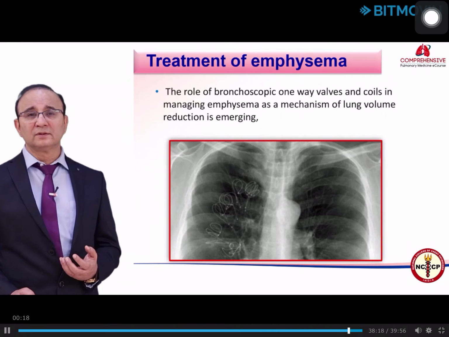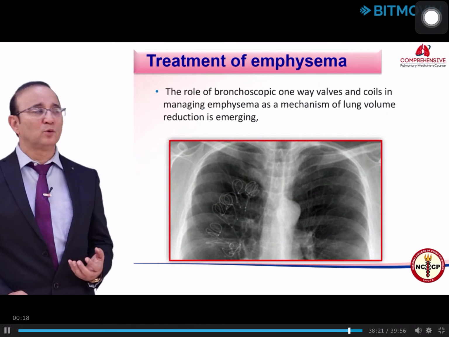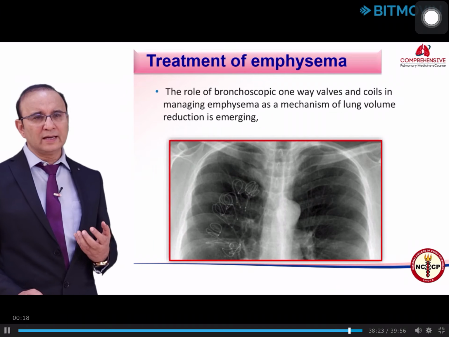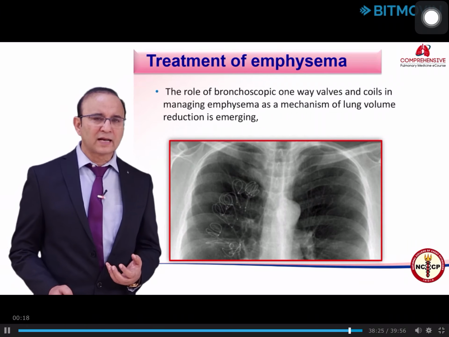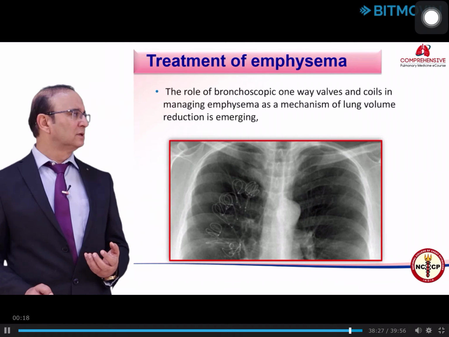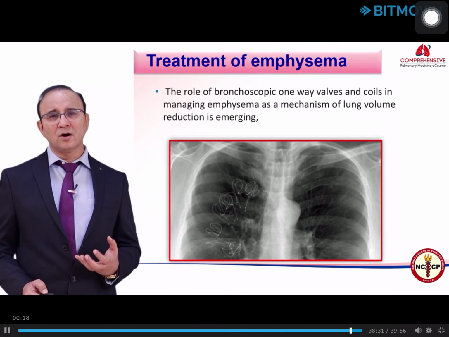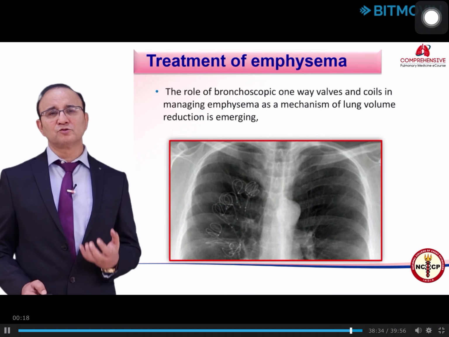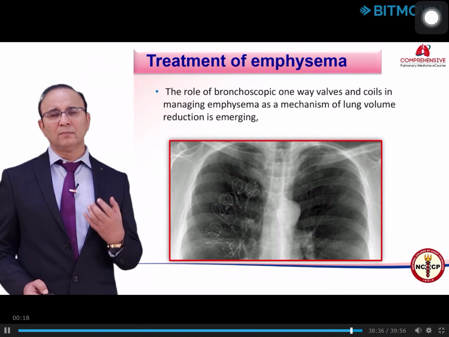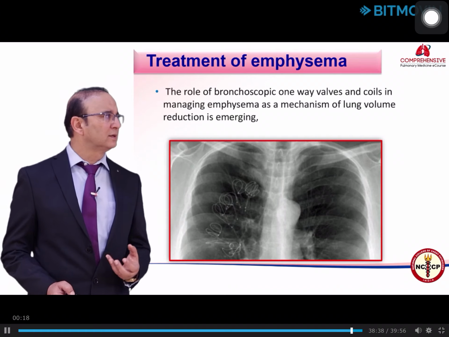It could help to introduce the one-way valve or the coils as a mechanism of lung volume reduction, because it's a non-invasive lung volume reduction which you can do through the bronchoscope.